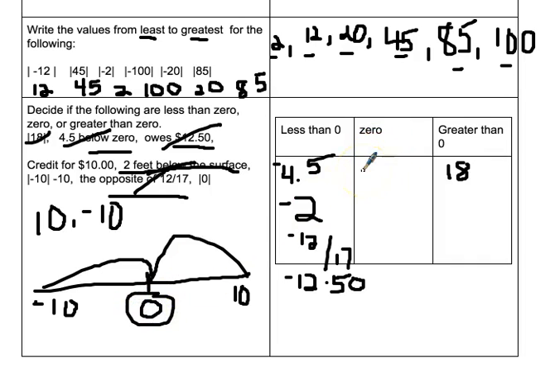So this is going to be the absolute value of negative 10 and negative 10 would give you 0. And the absolute value of 0 is 0.